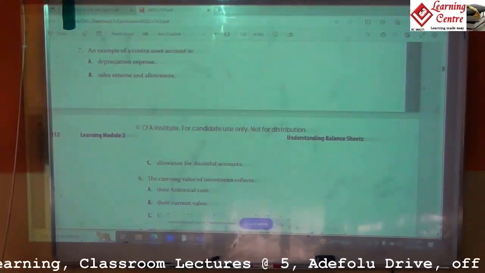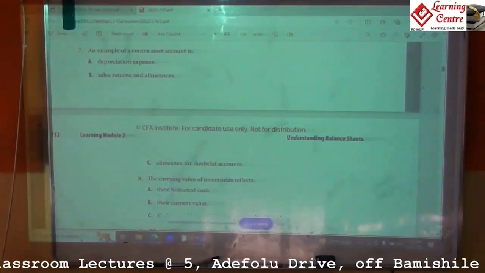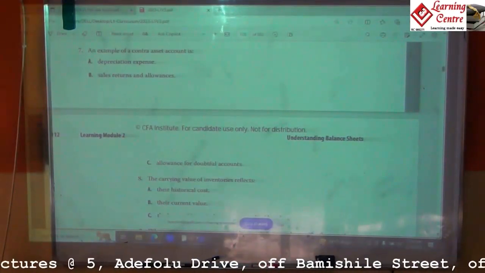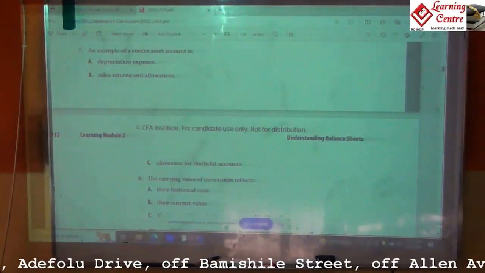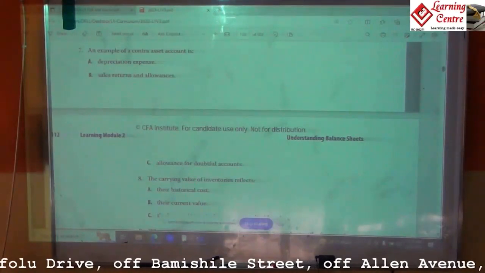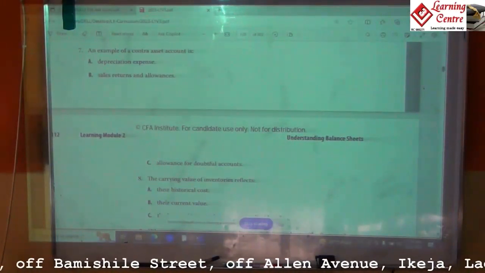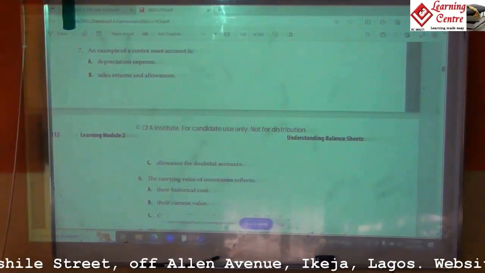A depreciation expense is just on its own. Let's say we're given accumulated depreciation, that would have been a contra in the balance sheet. A sales return is a contra to what? Income statement, revenue, while allowance for doubtful debt is a contra to what? Receivables, I mean. So that's an asset. That's why we are going for C.